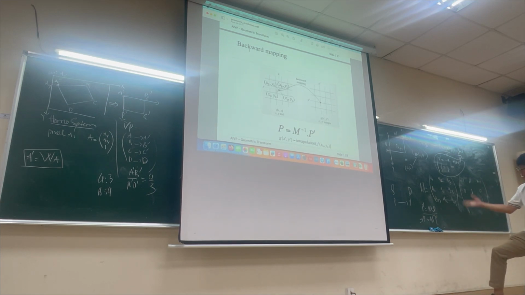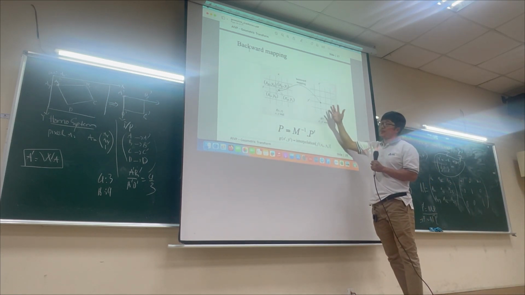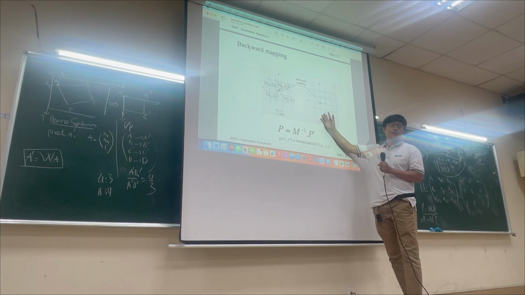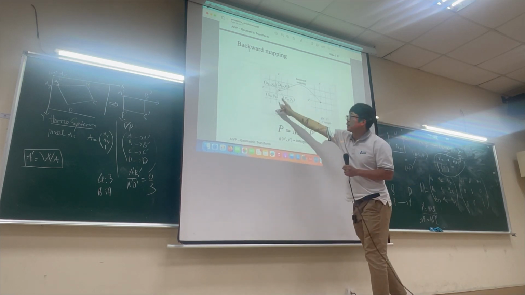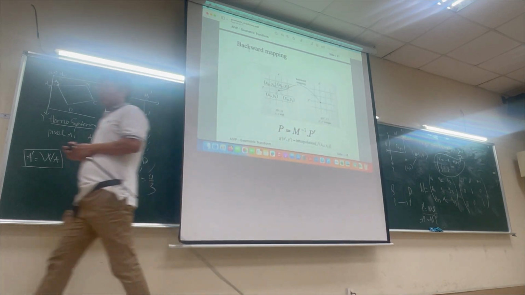So you can see forward, backward. The idea of backward: for each pixel in the destination, you determine the coordinate here, and then you copy the intensity.